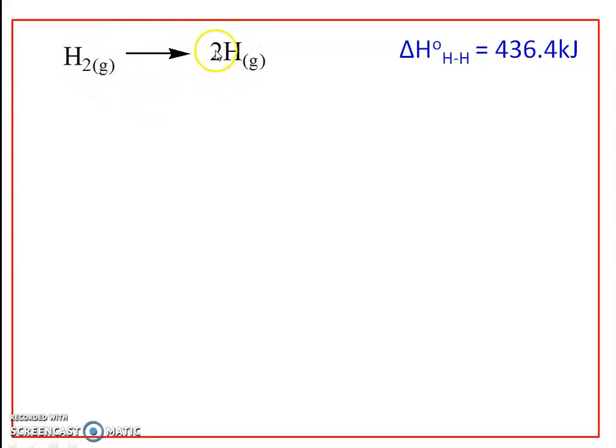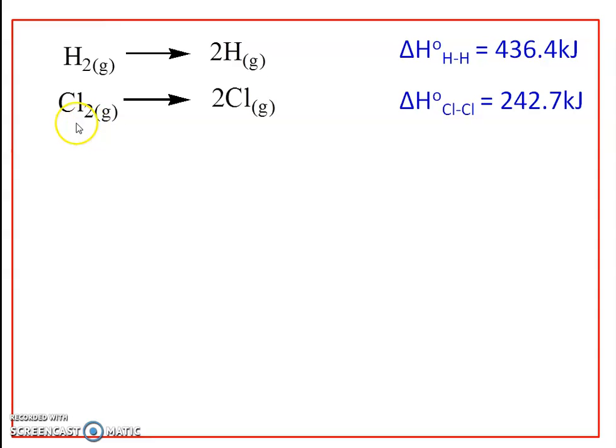Suppose hydrogen, H2, is a diatomic molecule. When it dissociates, after atomization we get 2 hydrogen atoms, and whatever enthalpy is required is the bond dissociation energy or enthalpy of atomization, and that is nothing but the bond enthalpy of hydrogen, and it is equal to 436 kilojoule.